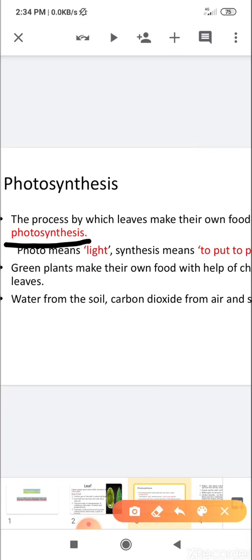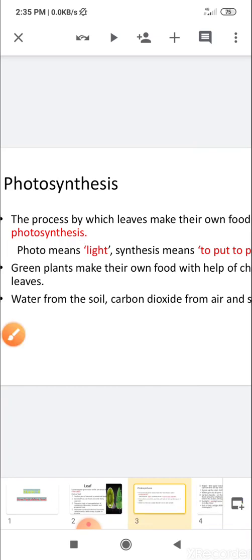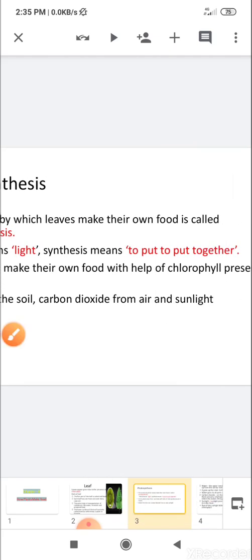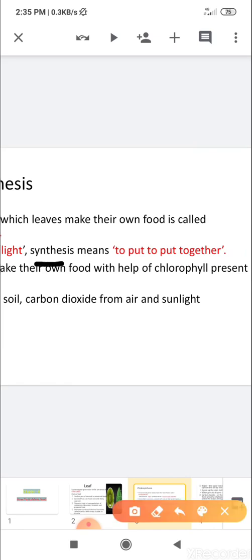Photosynthesis is made by the combination of two words, photo and synthesis. Photo means light and synthesis means to put together.